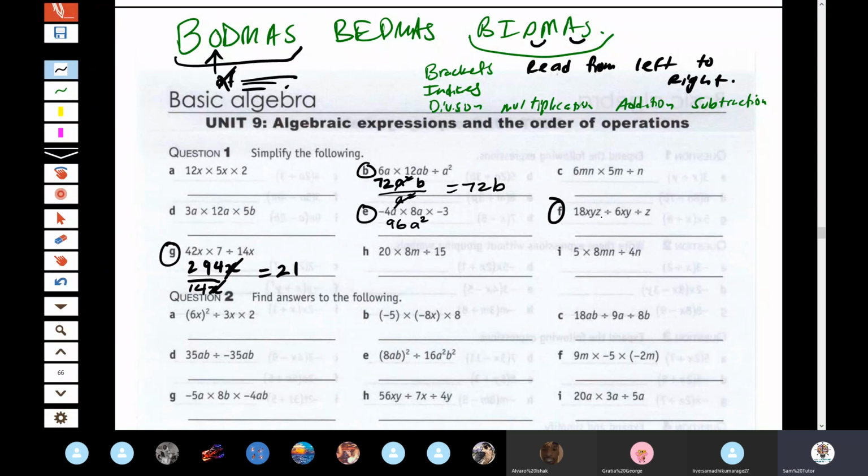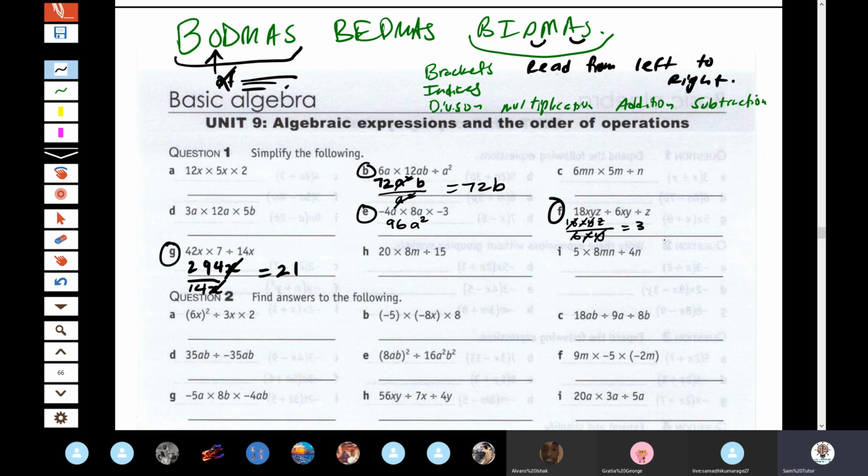This one here, you've got two divisions. There's no such thing as two divisions, so what you do is one at a time. You'll go 18xyz over 6xy first. Well, 18 over 6 is 3. X gone. Y gone.